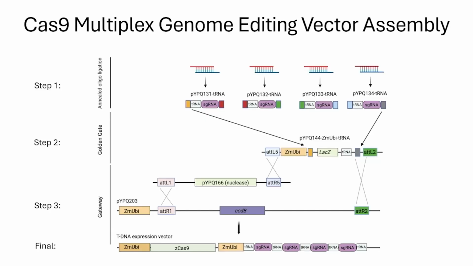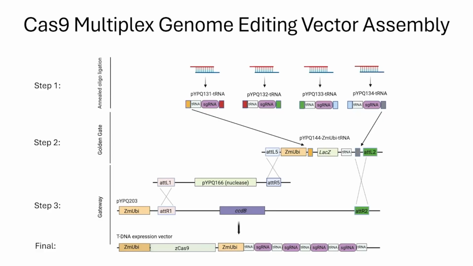And that would be inserted, based on restriction enzyme digestion and ligation of those annealed oligos, into a backbone of pYPQ144. So 144 for 4 guide RNAs. If we were using 2 guide RNAs, for example, it would be 142. And then you can screen that using blue-white screening.